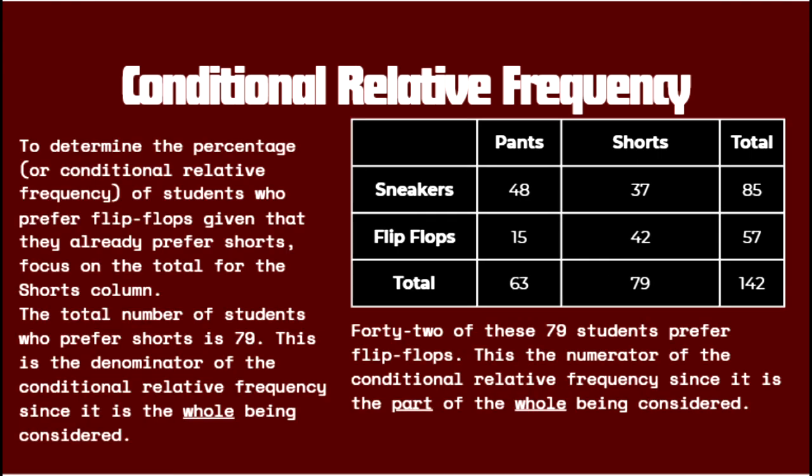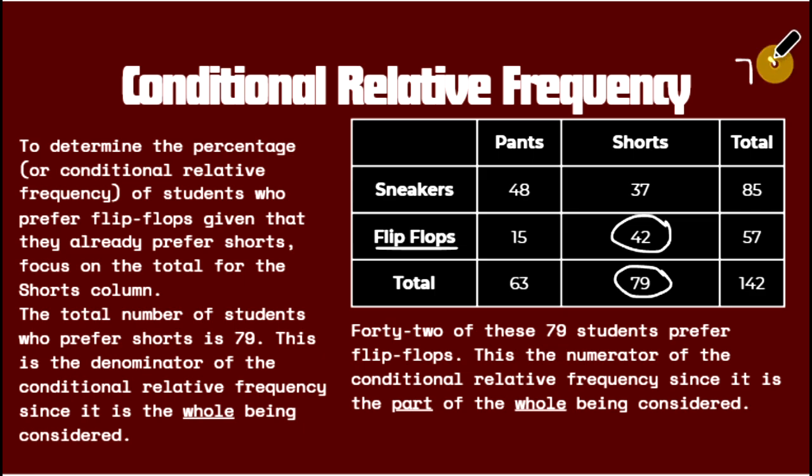To determine the percentage or conditional relative frequency of students who prefer flip-flops, this is number 1, given that they already prefer shorts, okay? Focus on the total for the shorts column. So we're doing this for our total and this for our cell. The total number of students who prefer shorts is 79. This is the denominator of the conditional relative frequency since it is the whole being considered.